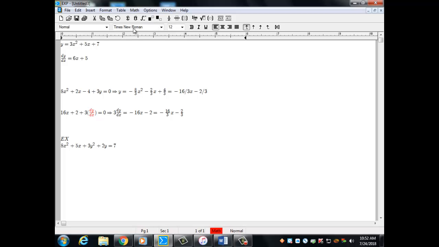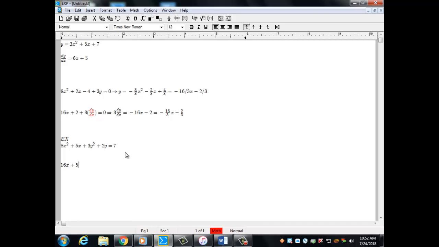Okay? So I'm going to work this one with you, and then I'll give you an example to try on your own, okay? So how do I do this if I'm going to solve this for dy/dx? Here's what I do. I take the derivative of each piece. So the derivative of the 8x squared is 16x. Yes? Derivative of 5x is 5. Now again, notice that I'm not applying the dy/dx here because those are already x's.